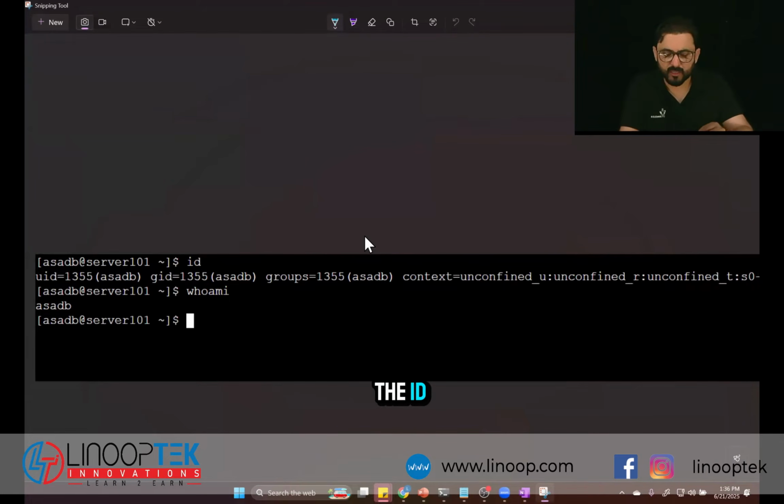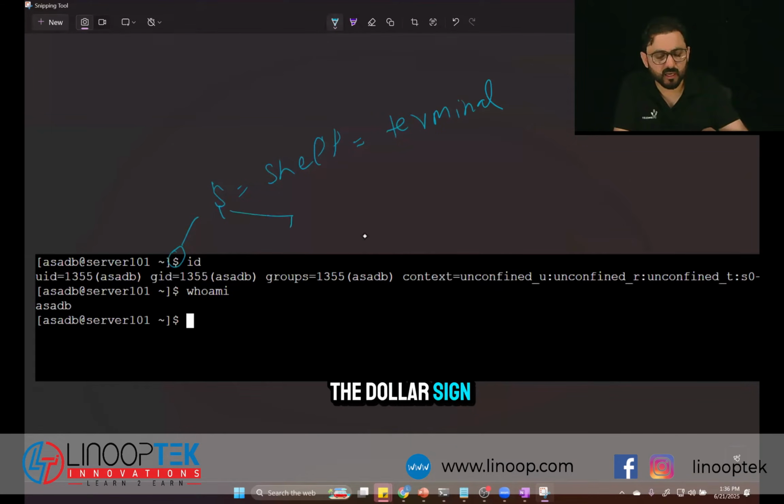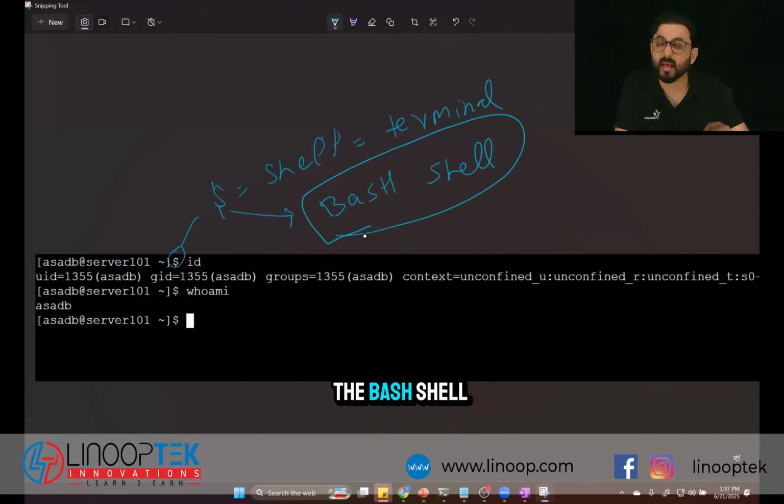Ladies and gentlemen, the id, this is the terminal. The $ means you are using a shell. You are on the shell. Shell is equal to terminal. By the way, the $ represents bash shell. There are different types of shells in Linux. For now, we're just focused on the bash shell.